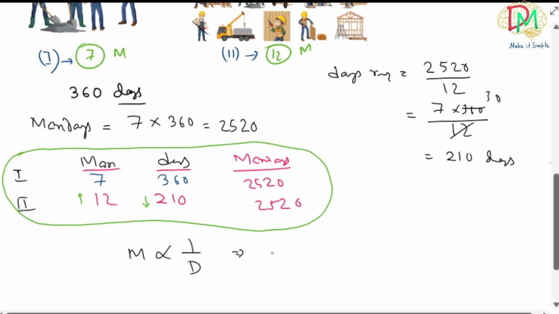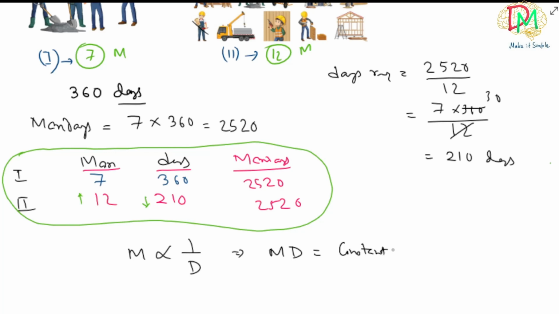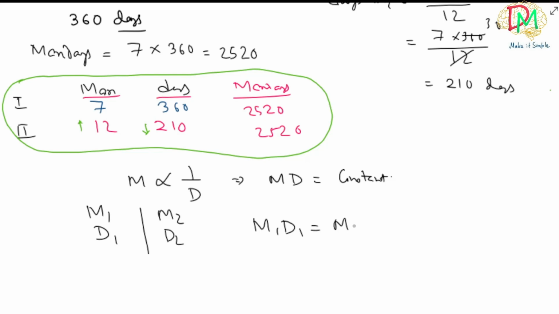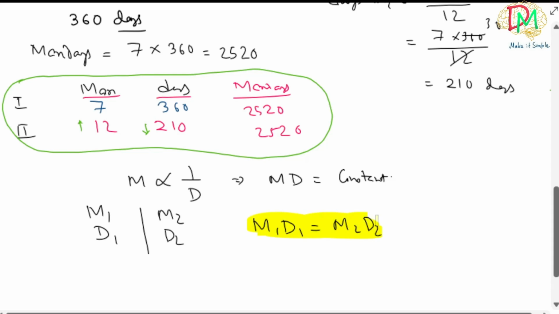So man days, that is m into d, is constant. If we consider the first case, the men are m1 and days are d1, and in the second case men are m2 and days are d2, we can write m1 d1 is equal to m2 d2. This is the formula you have to remember.